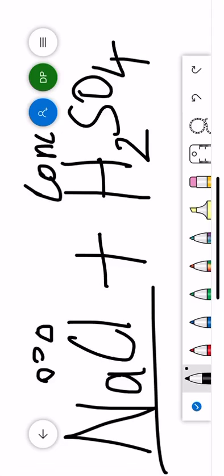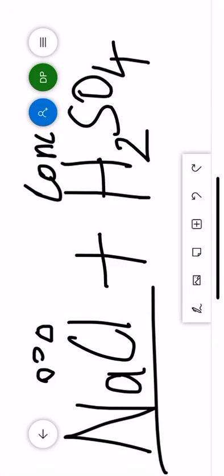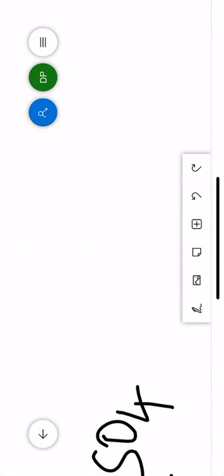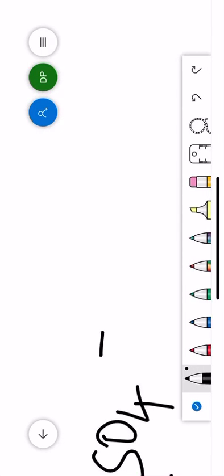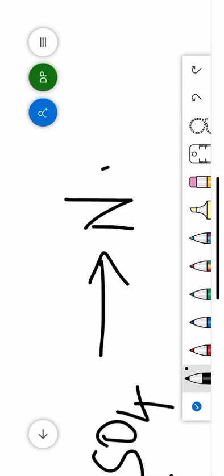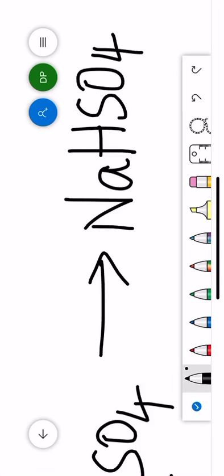And now what will you get? You will get a metallic bisulfate, which is nothing but NaHSO4, sodium bisulfate.